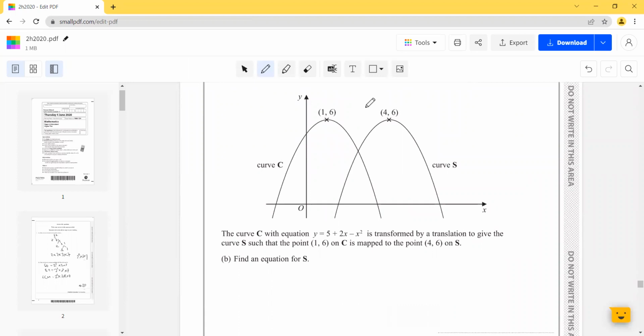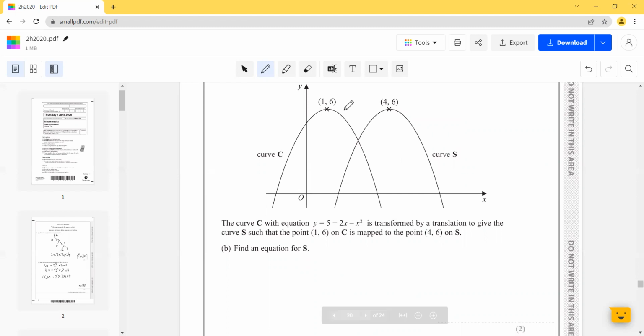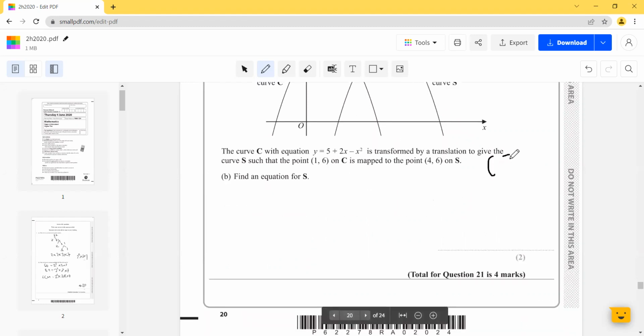The curve C with equation y equals 5 plus 2x minus x squared is transformed by a translation to give curve S such that the point 1, 6 on C is mapped to the point 4, 6 on S. So you can see that it's translated by this vector because it's translated only on the x-axis. The x-axis is the only thing affected.